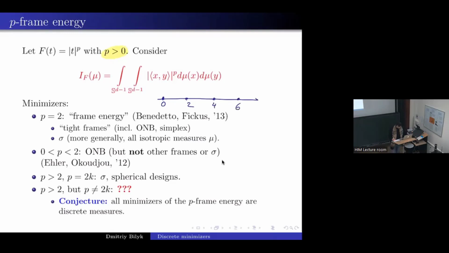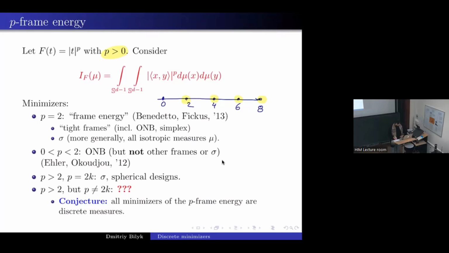So for even powers, this happens to be a positive definite function, so the uniform measure is a minimizer. But also, for example, for p equal to 2, tight frames are discrete minimizers. For example, the orthonormal bases, the simplex, two copies of the orthonormal bases will give you discrete minimizers.